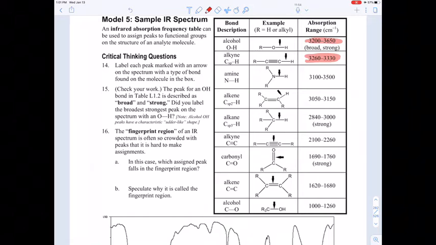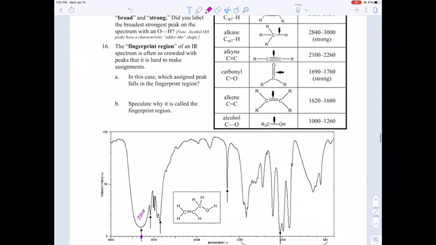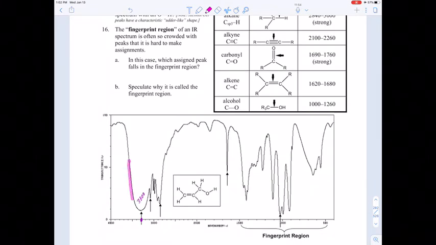However, right here I see the word broad and strong. Now this peak here, I would call that broad and strong. These here are not broad. They're pointy. So that word is pretty important.